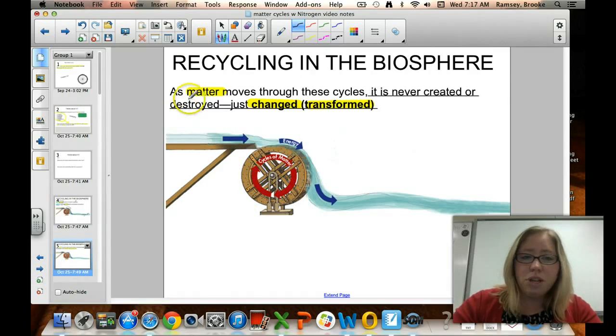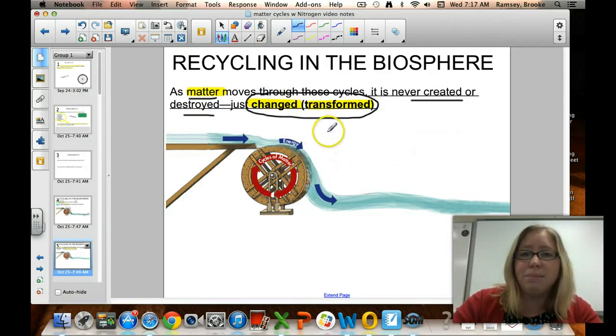And so I want you to think of that matter as something that can never be created or destroyed. The carbon, the nitrogen, you can't create nitrogen. You can't destroy carbon. It's always been there. Whatever carbon started, the carbon's still there. It's just that it can change and transform into different types of matter. And so that's why we can recycle, because it's just transforming and changing.